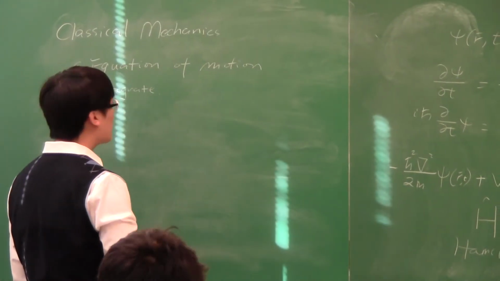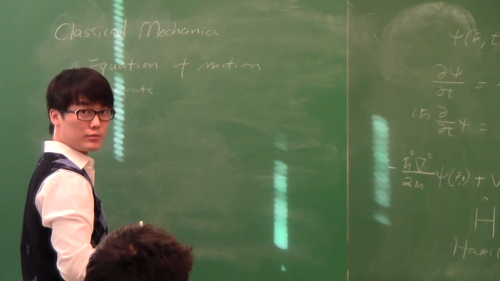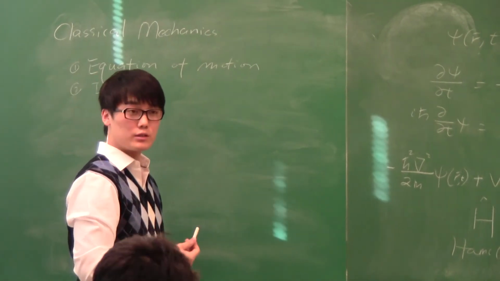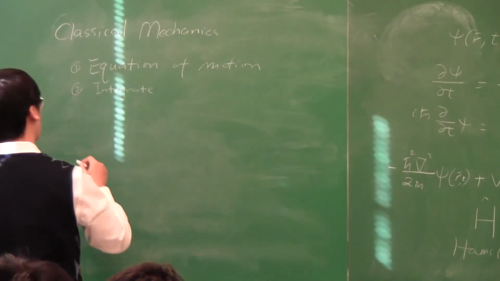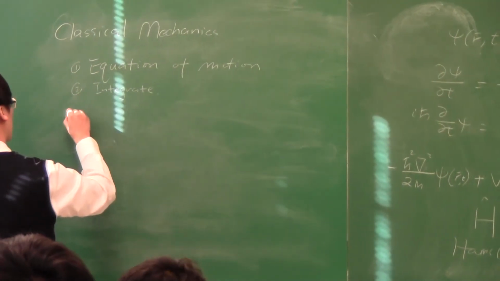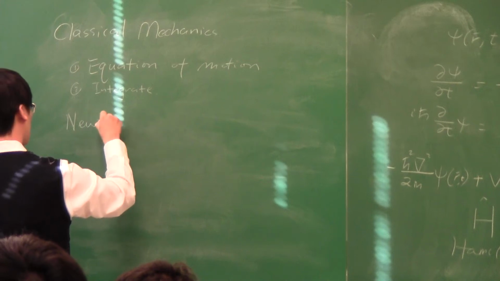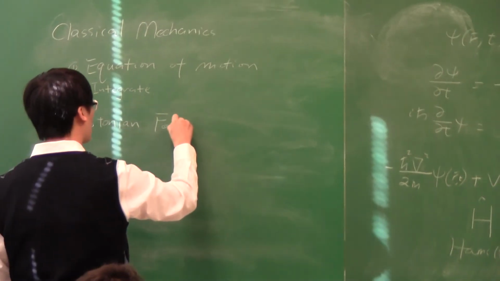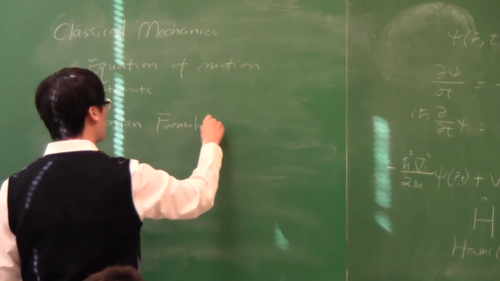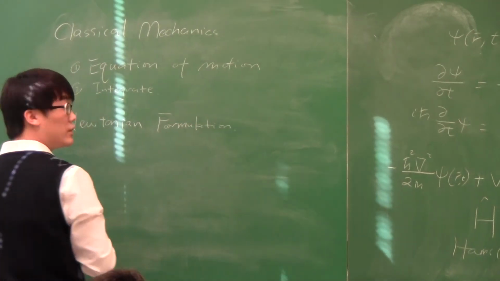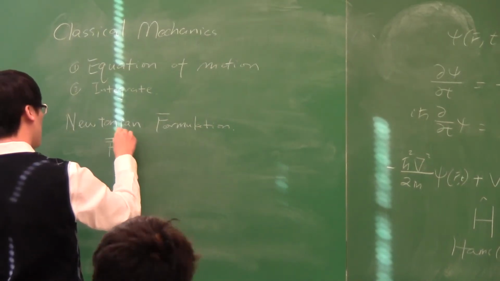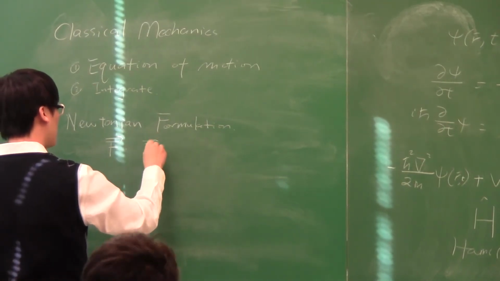And there are several ways of formulating the equations of motion, and the systematic ways fall into two branches. The first one and the oldest one is called the Newtonian formulation. In this branch, everything is based on two vectors, which we call the force and the momentum.